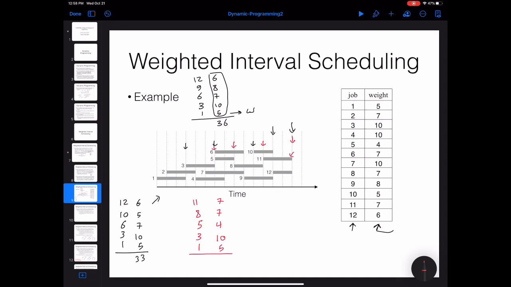So the summation of all of this is going to be 14, 18, 28, and 32. Interestingly, it actually gives me the same answer as the previous algorithm. It's just an accident. But anyway, this is not going to give me the optimal answer, 36.